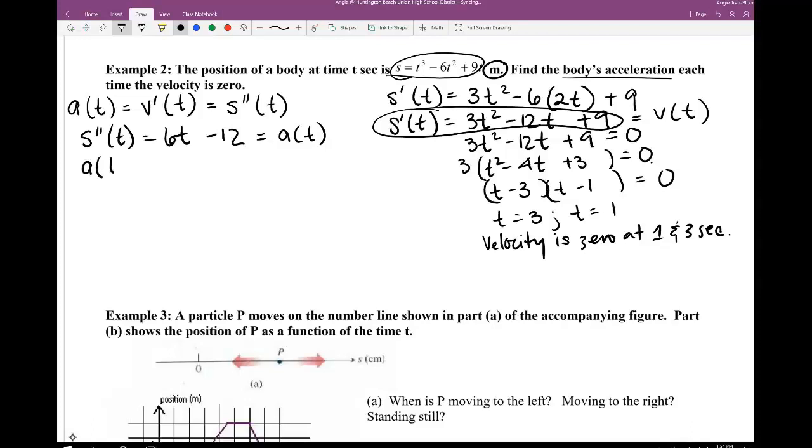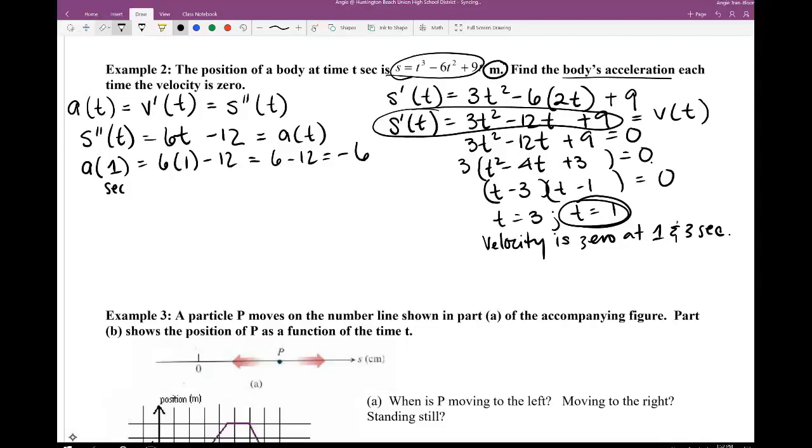So a of t, in this one, let's use 1 first, okay? So a of 1. This is the seconds, okay? So the first time the velocity is 0 is 1, so I'm going to plug 1 in. So 6 times 1 minus 12 equals 6 minus 12, which is going to be negative 6.